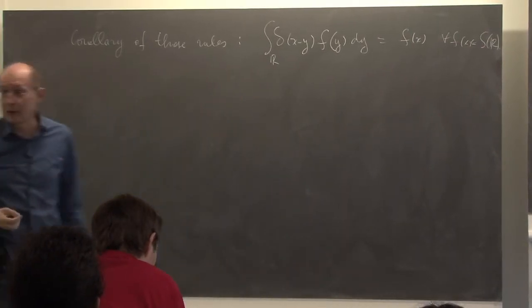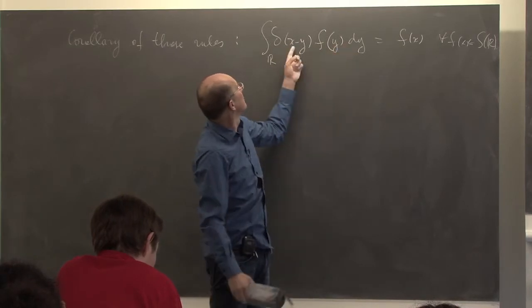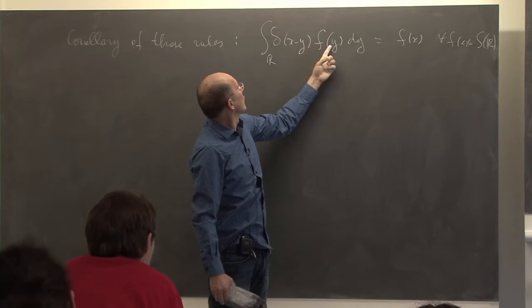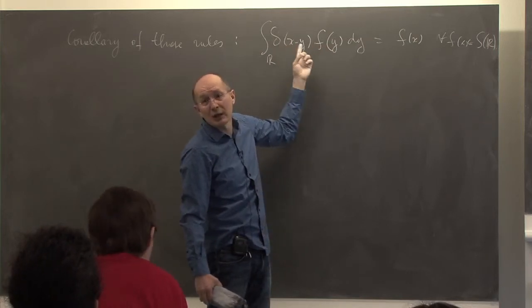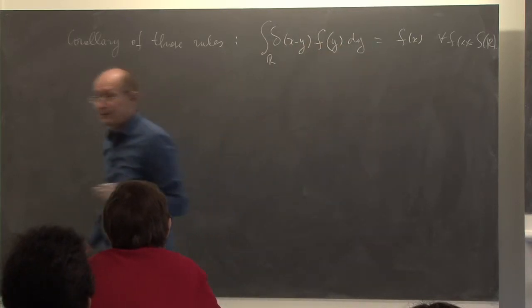Right? Just playing the game, you change the variable, which is a translation of y by x. Then you will have a delta of minus y, which is delta of y, and then use the rule, and then you get that.